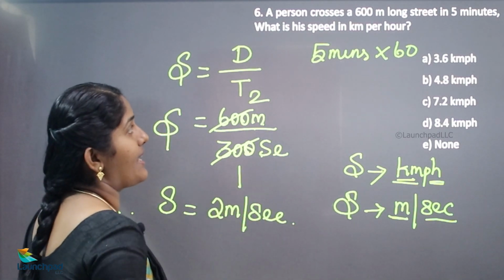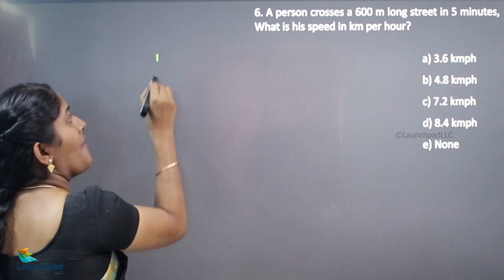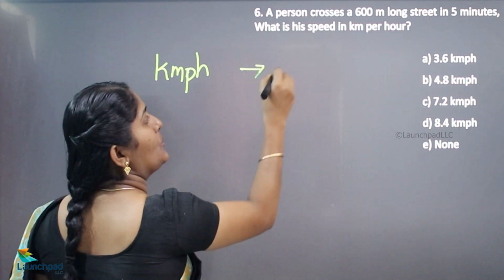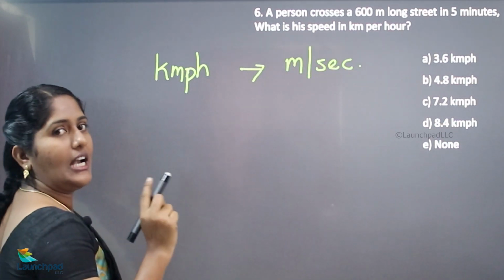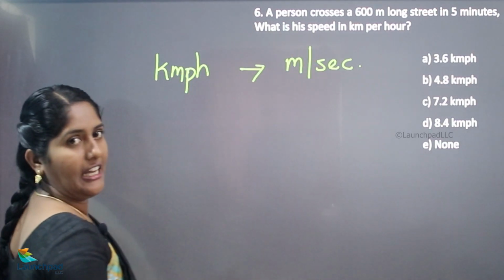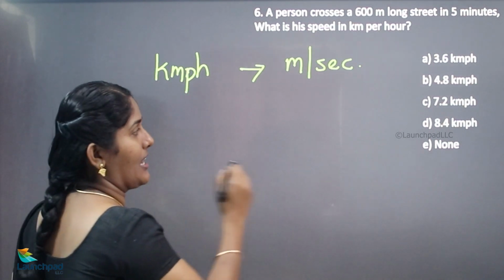But your question is asking what is the speed in kilometer per hour. Whenever we need to convert a kilometer per hour value into meter per second, we should multiply that value by 5 by 18.